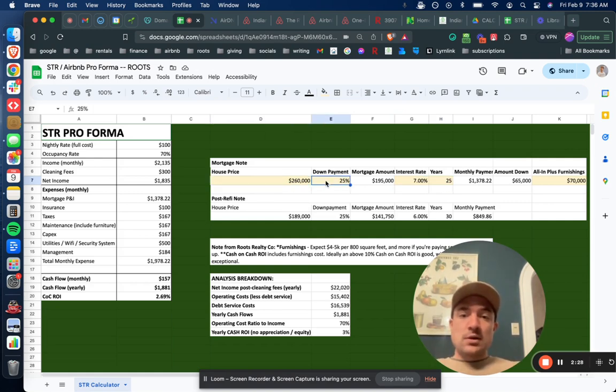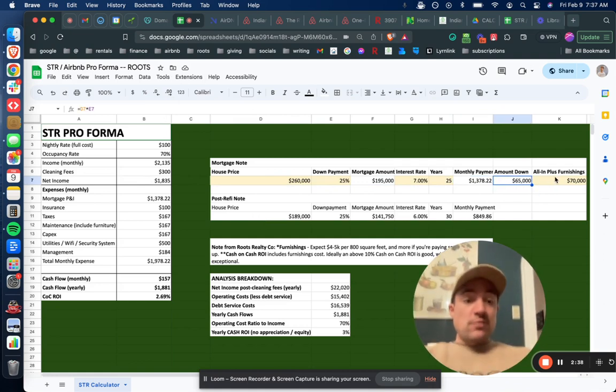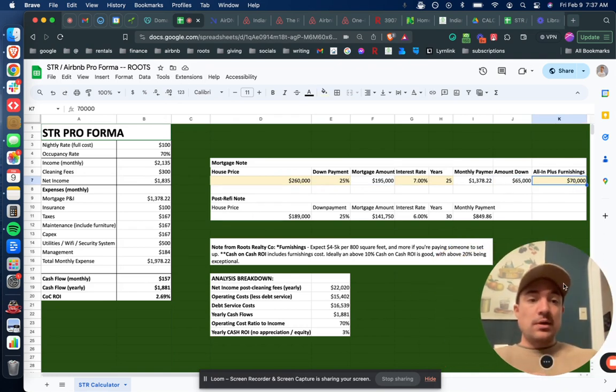So you can see here that I'm putting in information on these yellow tabs. You don't need to mess with the white ones. So my amount down would be 65,000, and furnishings. Well, I am buying a place with furnishings. Usually that might not be the case.